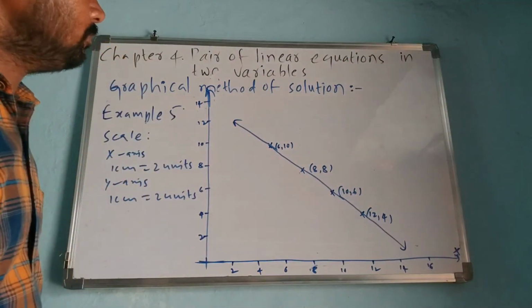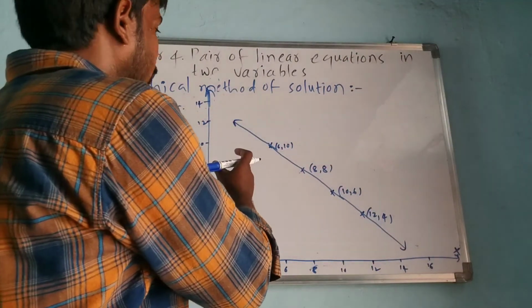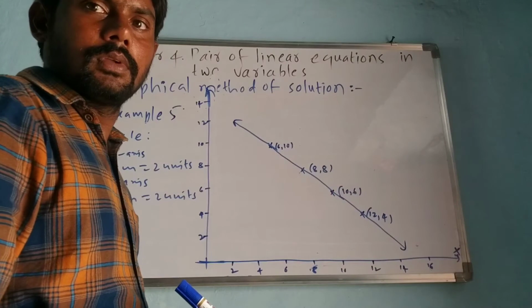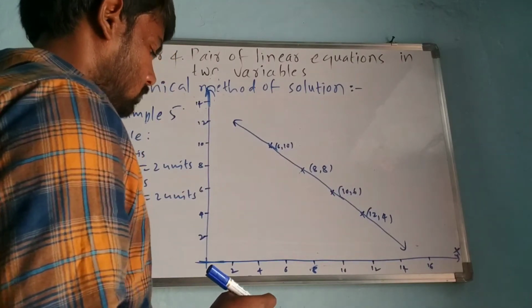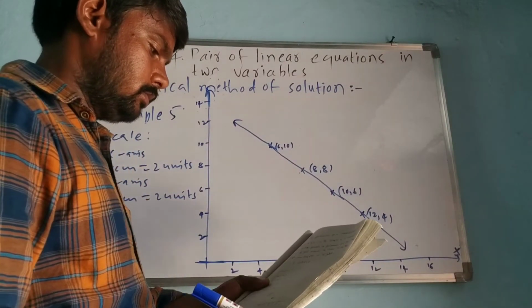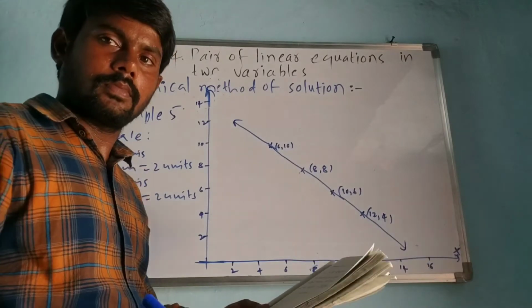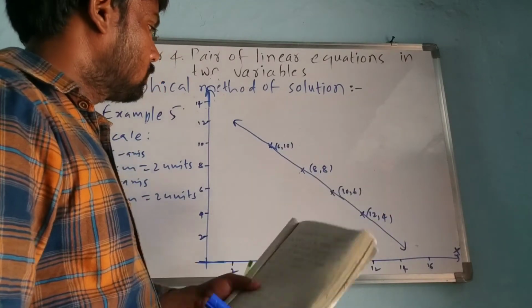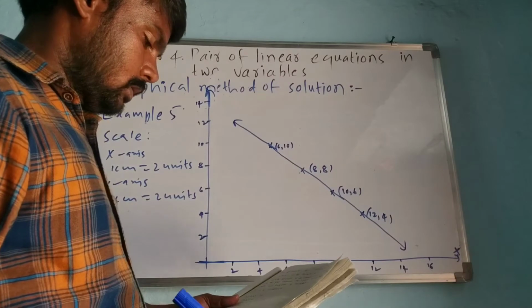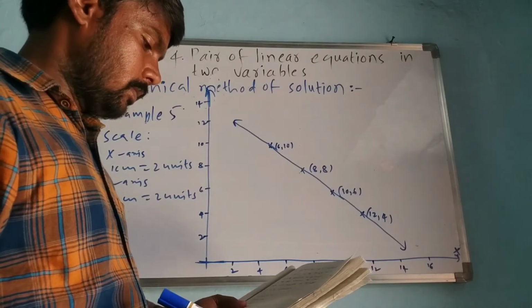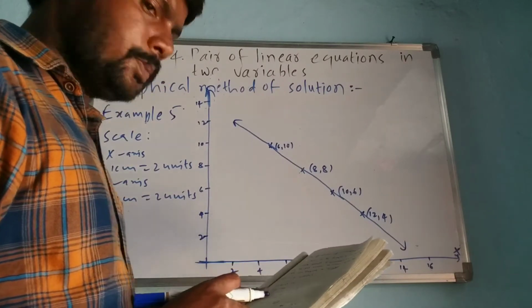So this represents the first equation. And now similarly we have to plot the points for the second table. So let us plot the points.